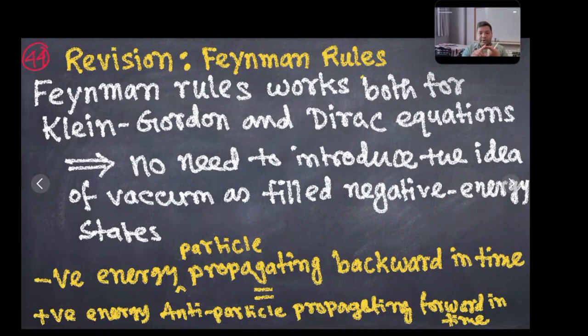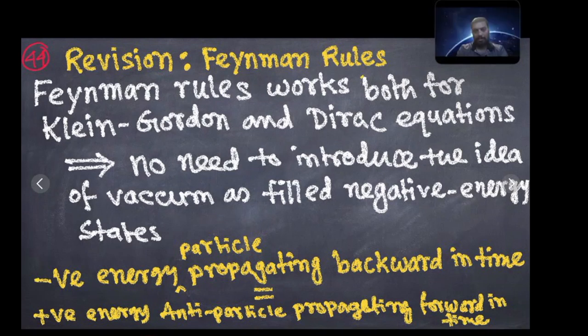What Dirac did was introduce the idea of a vacuum full of negative energy states, and also the hole theory. And when Dirac tried to tackle the problem for the Klein-Gordon equation, he could not reach the conclusion that Klein-Gordon got. But when Feynman used his interpretation, he could work with both the Klein-Gordon equation and the Dirac equation.